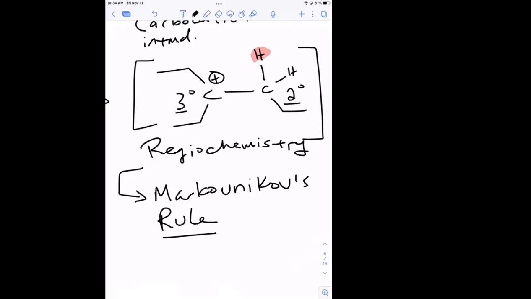Right, what that means is two things, right? We can define it two ways. We can say that the halogen from HX always adds to the more substituted carbon. The other way we say that is the carbocation always ends up on the more substituted carbon. Both things mean the same thing, right?